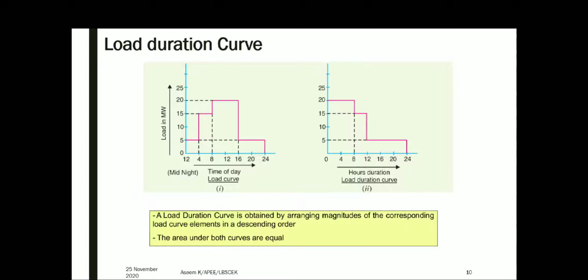That is the load duration curve. So a load duration curve is obtained by arranging the magnitudes of the corresponding load curve elements in descending order. But the area under both these curves, load curve and load duration curve, is equal.